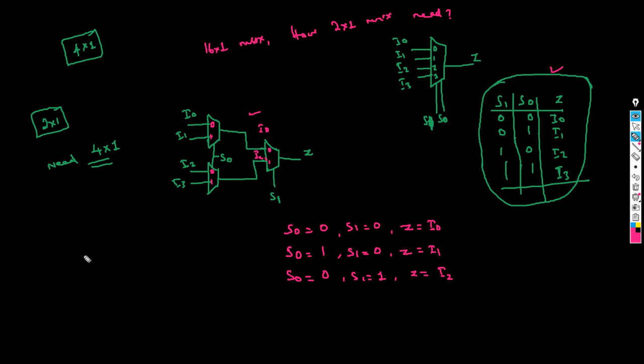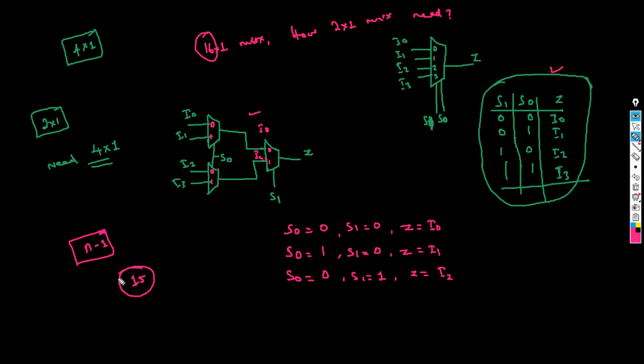By dividing 16 by 2, and the remainder again by 2, like that. It is simply n minus 1. Your n is 16, and if you have to implement 16 cross 1 using 2 cross 1, you need 15. That is the rule that I follow.